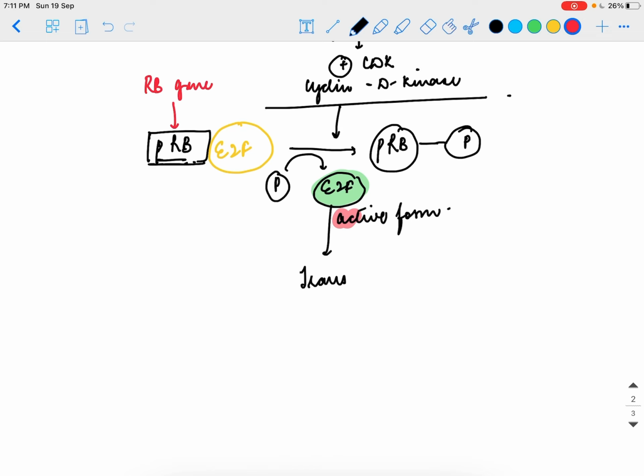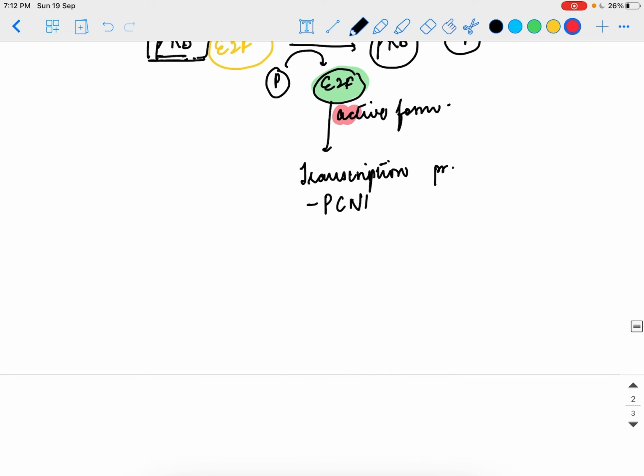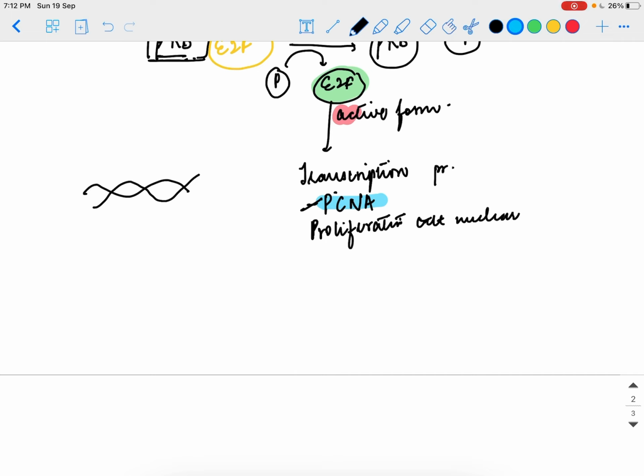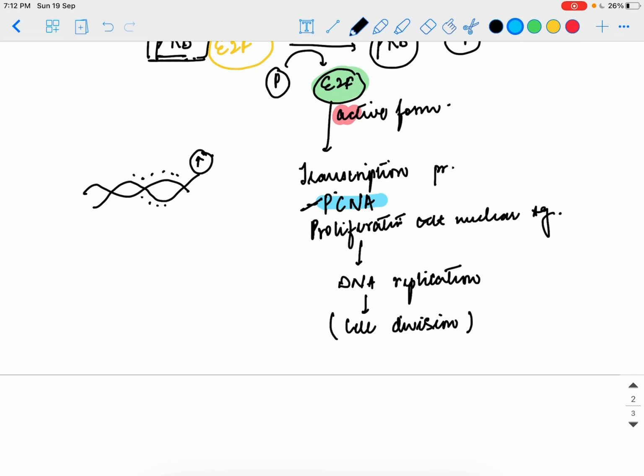In the active form, it will lead to the transcription of various proteins located in the DNA, like PCNA, which stands for proliferating cell nuclear antigen. It is one of the transcription factors or proteins located in the DNA. So it stimulates DNA replication, and cell division occurs.